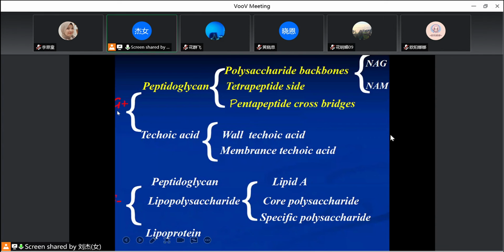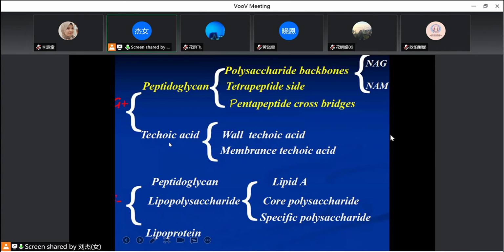So in the gram-positive bacteria, the peptidoglycan is really thick and really rough. It means it's very hard, just like they can form a net which has very good resistance to the environment.